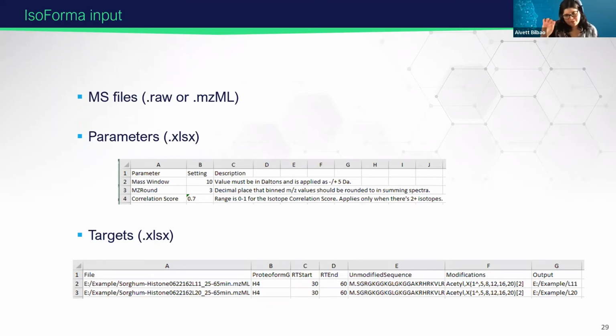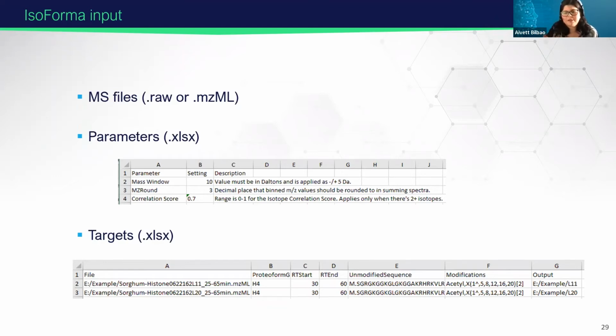And then they specify the modifications using this notation. The user specifies the name of the modification, which is automatically recognized by the backend, which is using PSpecteR to generate these theoretical fragments based on the Unimod notation. And then the user can specify the positions where this modification will be made, and Isoforma will automatically generate all those combinations.